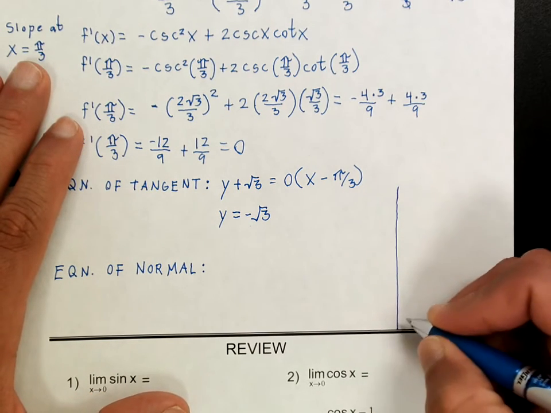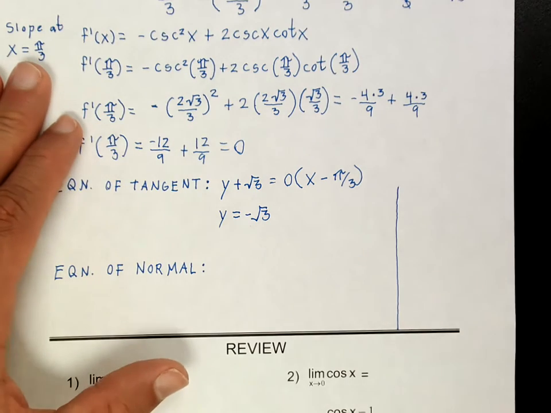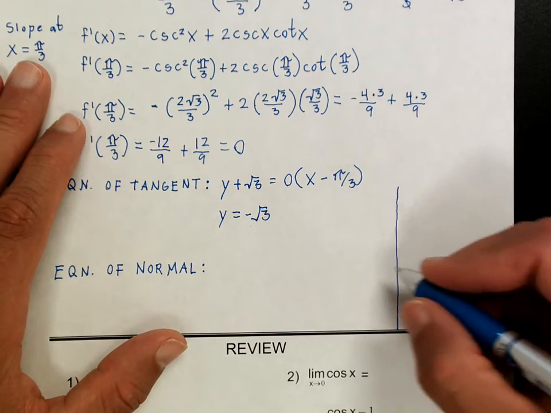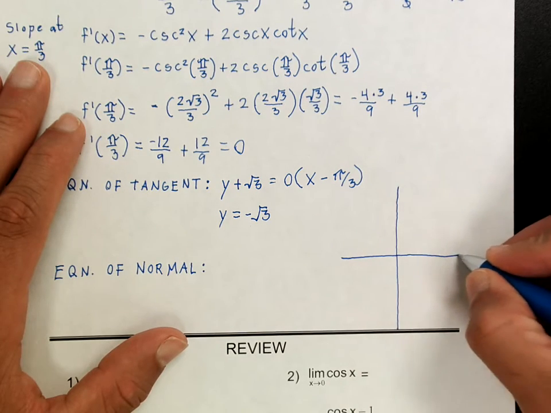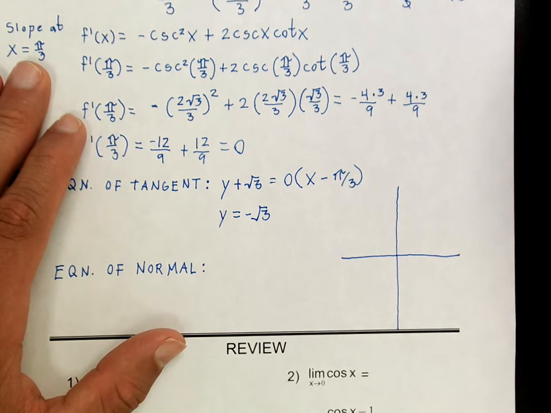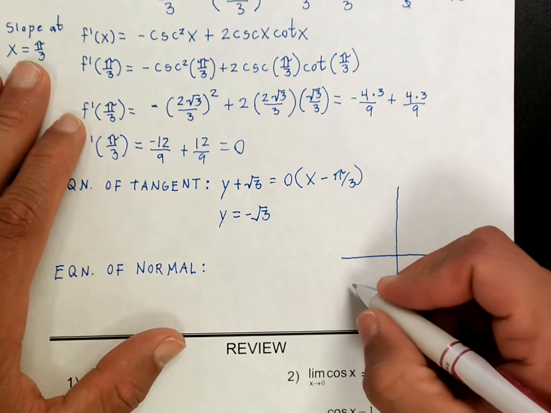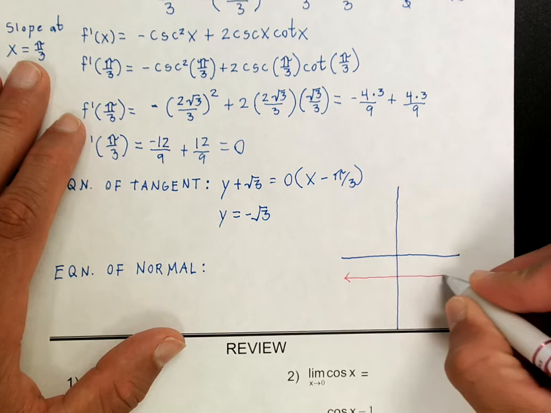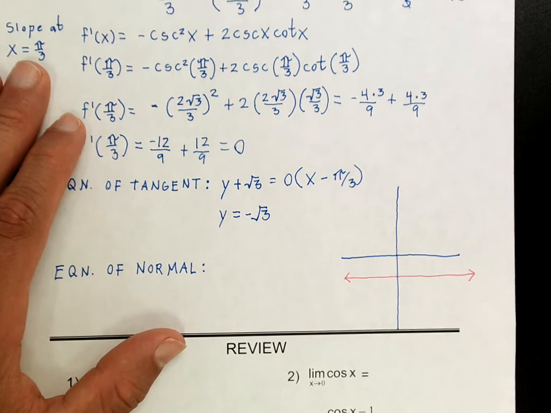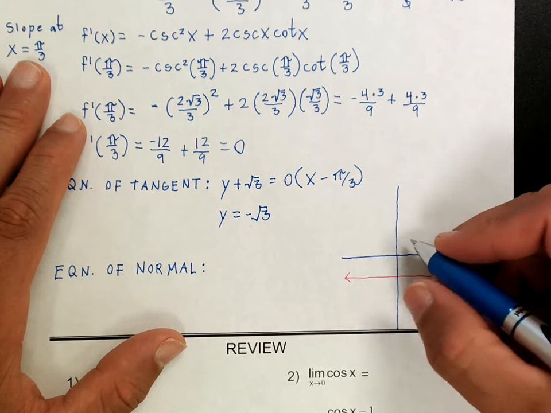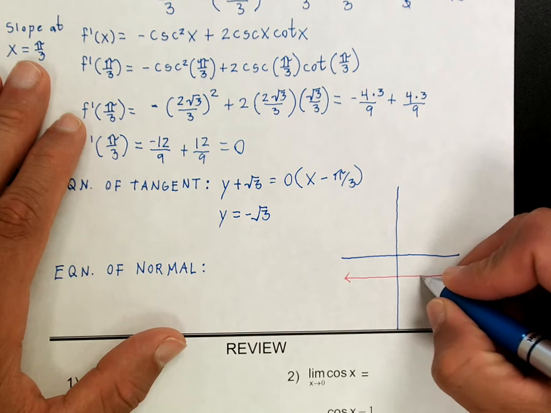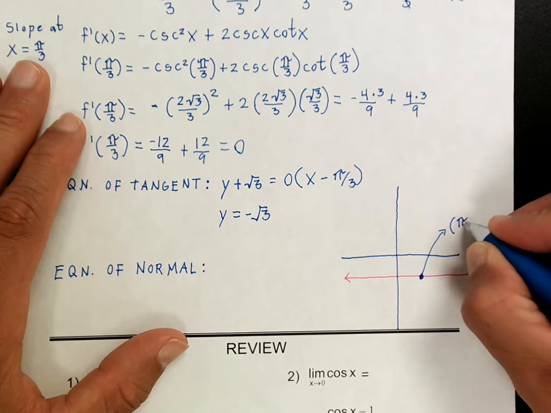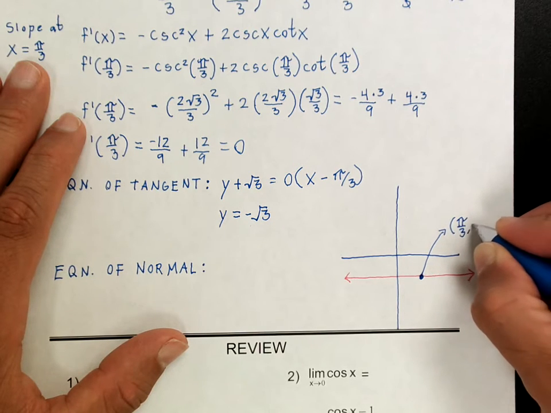So let's say that I have this equation right here. Let's say that y is equal to the square root of 3, which would be around 1 point something, happens around here. And that point that I had found earlier, if you remember, let's call this pi over 3, comma, negative square root of 3.